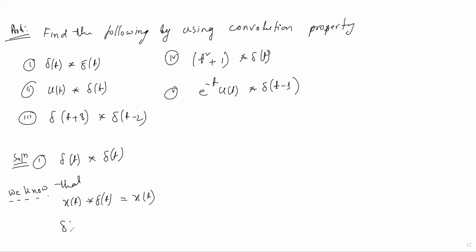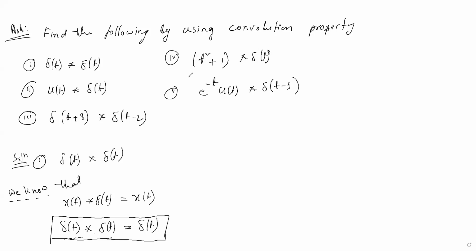Similarly here, the problem is delta t convolution delta t. If we represent one delta as x of t, the output is nothing but delta t only. This is very important. If we take the convolution between two impulse signals, we get a similar impulse signal. Delta t convolution delta t is nothing but delta t only.